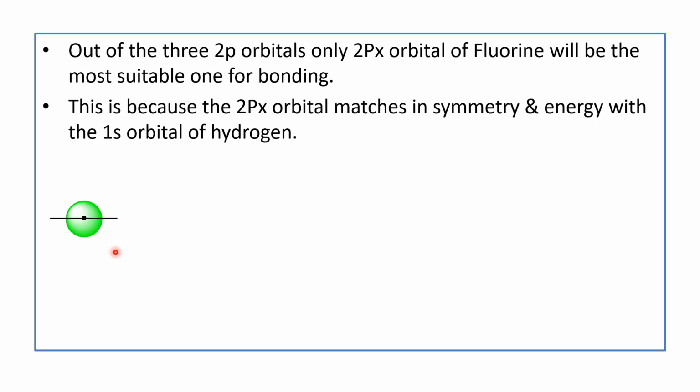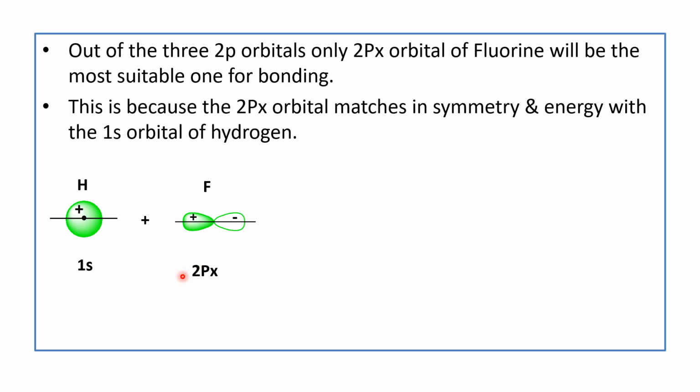So we are having this: the 1s orbital of hydrogen. Then we are having the p orbital, with the plus lobe and the minus lobe, and this p orbital is of the fluorine, which is the 2px orbital.